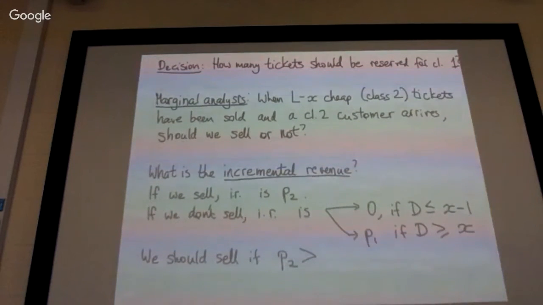And the expected revenue in this case is P1 times the probability that the demand is going to be larger than X. Do you agree? It's just like you said, larger than, but that's larger than or equal. What I wrote is larger.